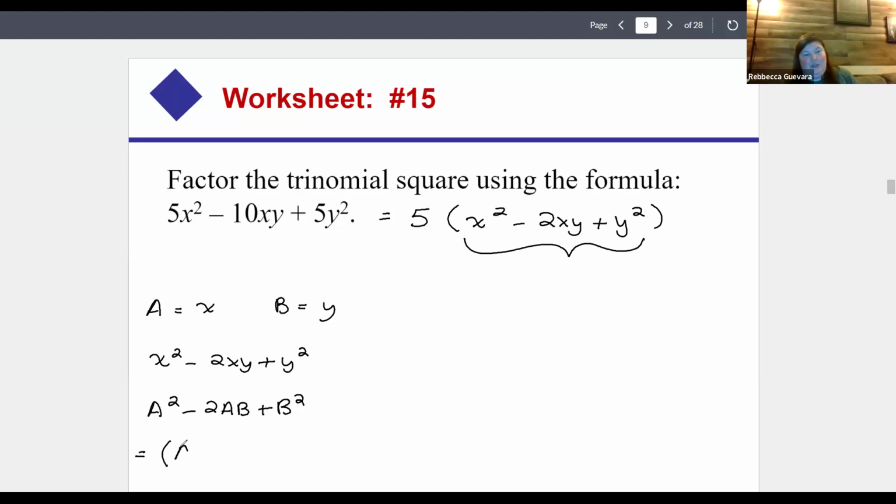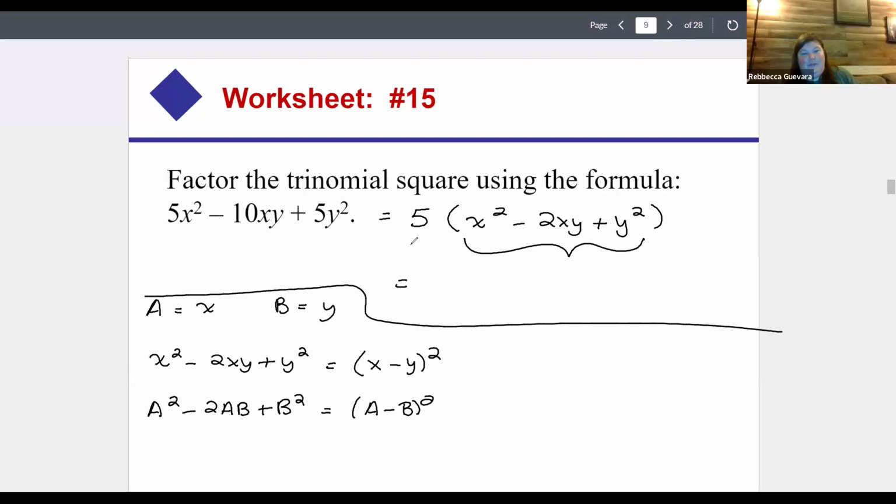So once again, this is the same as just saying a minus b squared, which is x minus y squared. So the final form is we still have that 5 we factored out, and this in here factors into x minus y squared.